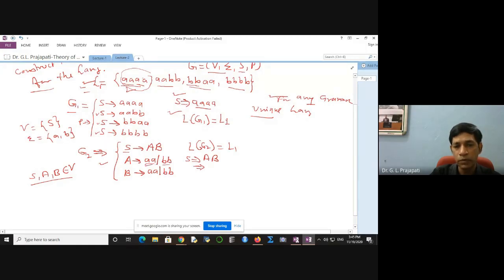But how would the computer know whether it should go for aa or bb? There is no way to tell the computer. It can only apply the rules one by one. So it may happen that the computer applies the rule bb first, and so on.